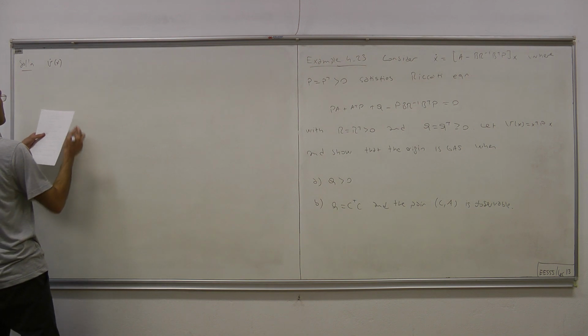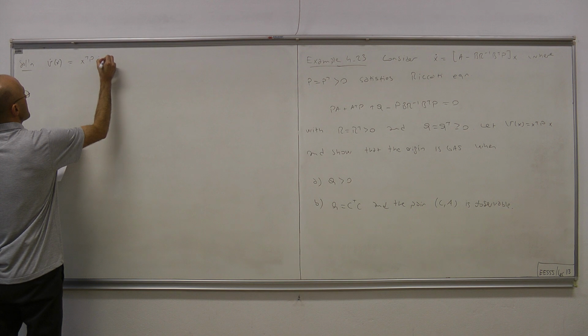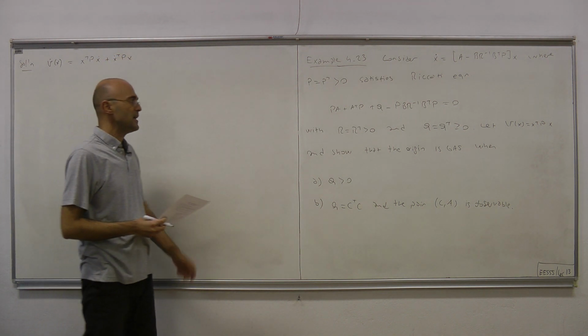So V dot of x is x transpose P x dot plus x dot transpose P x.